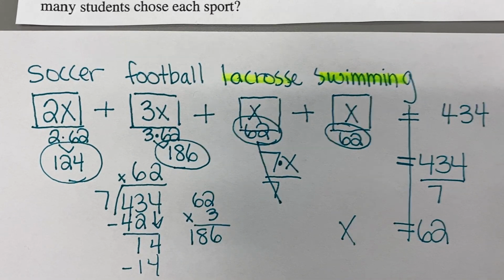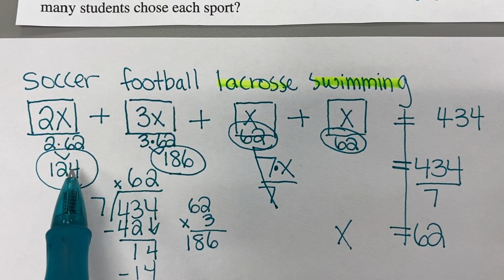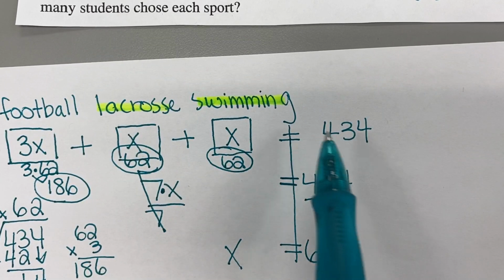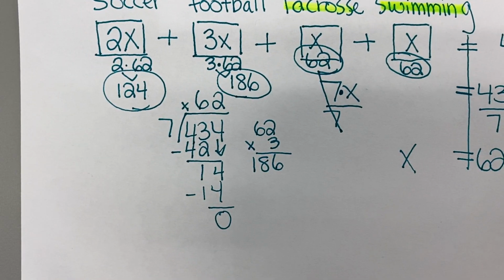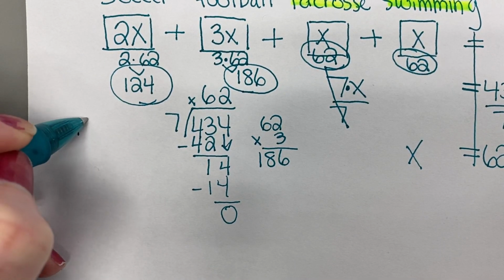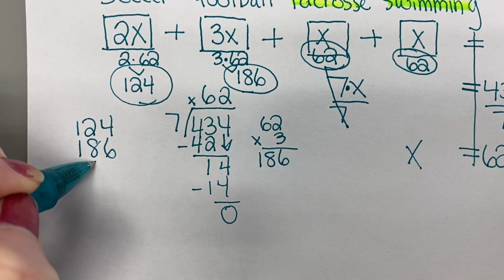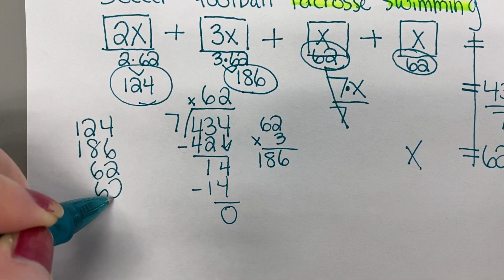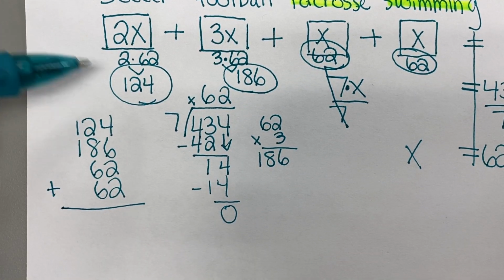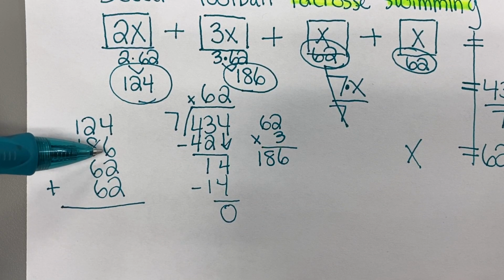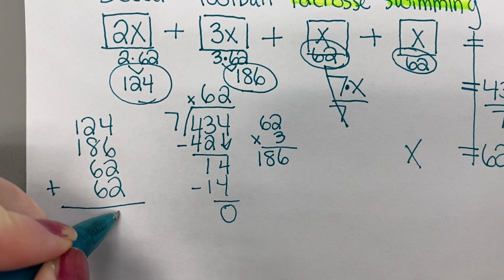Now, if you really want to check your work, you could add these 4 numbers together and see if you get 434. Let's do that. So if I add 124 to 186 to 62 to 62, let's see what I get. 4 plus 6 is 10, 12, 14.